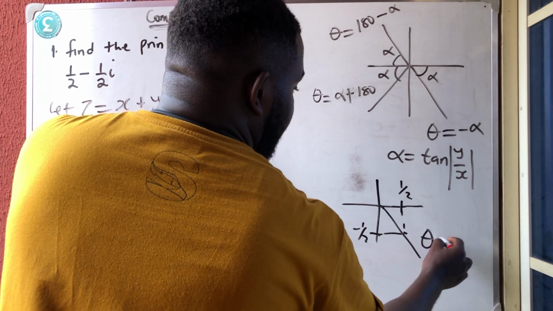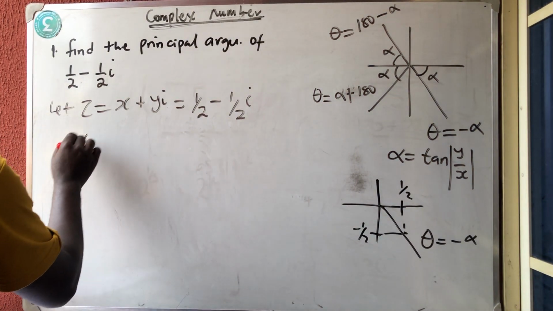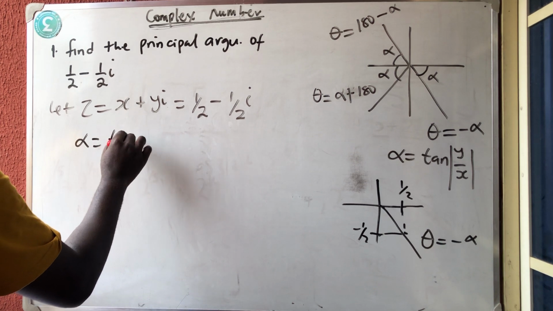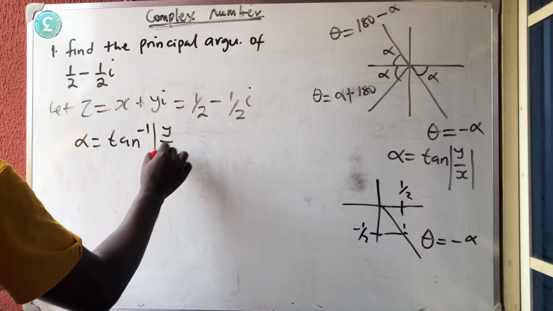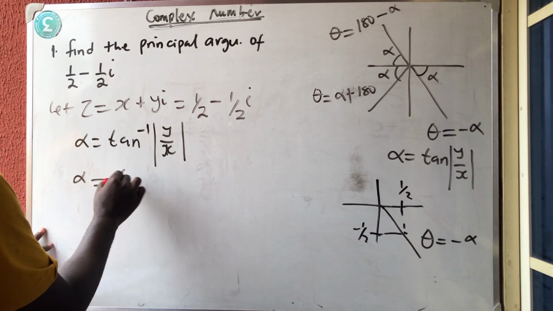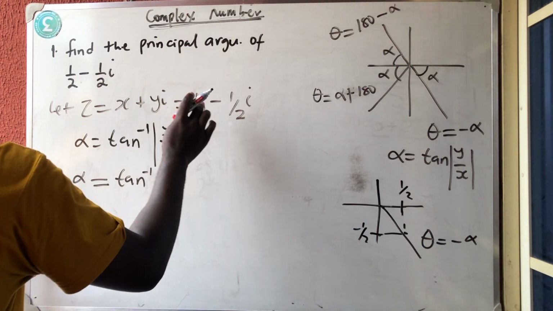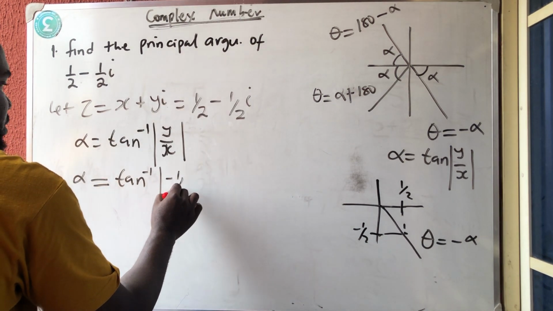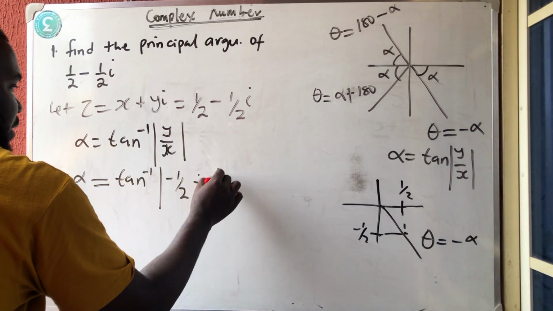Don't forget that theta in the fourth quadrant is equal to minus alpha. So let us get that. My alpha is equal to tan inverse of the absolute value of y over x. Don't forget that absolute value will always make it positive. So my alpha is equal to tan inverse of y, which is minus half, divided by x, which is half.